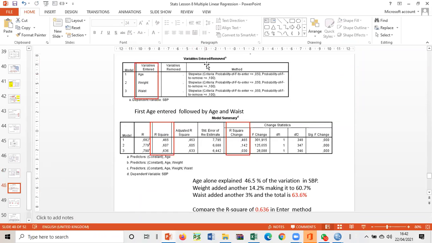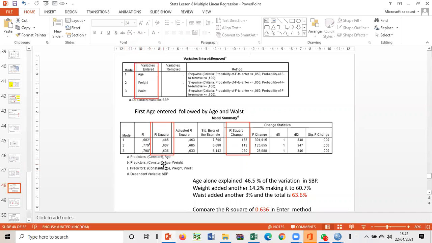Look at the first table, variables entered or removed. Column number 2: Model 1, age.